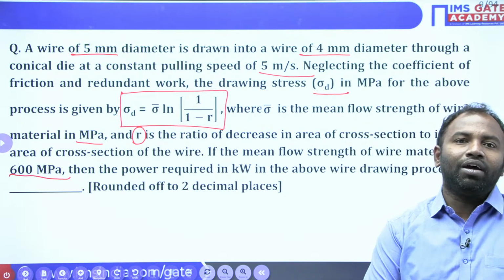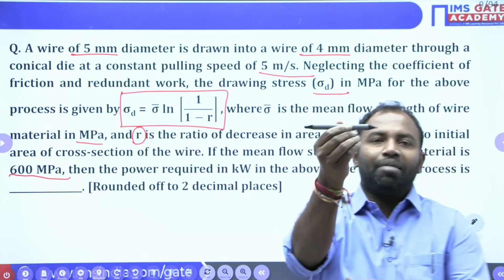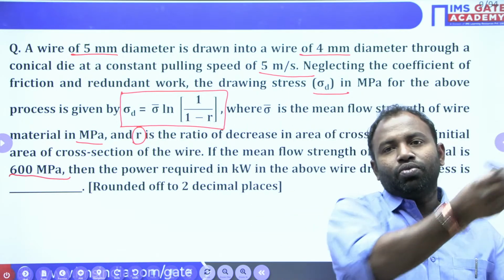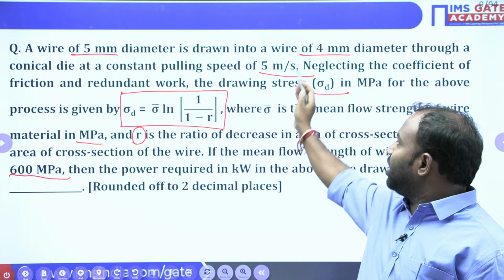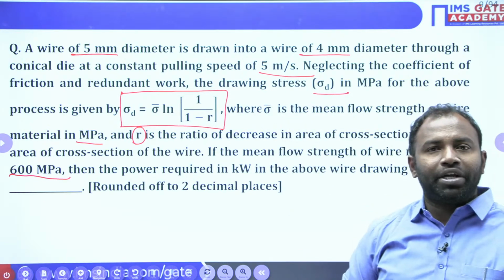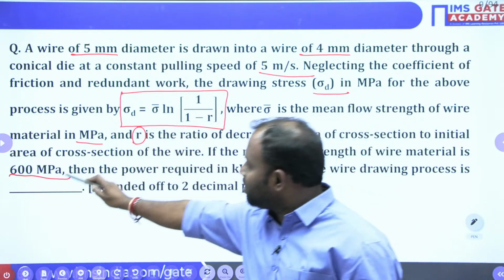A wire having 5 mm diameter is going to be reduced to 4 mm. During this operation a 5 meter per second speed is used for drawing, and the drawing stress formula is given, with a mean flow stress mentioned in the problem.